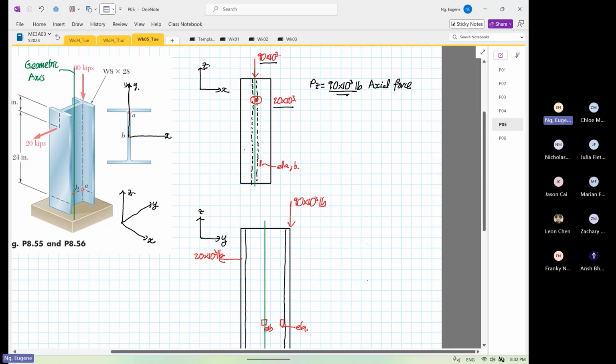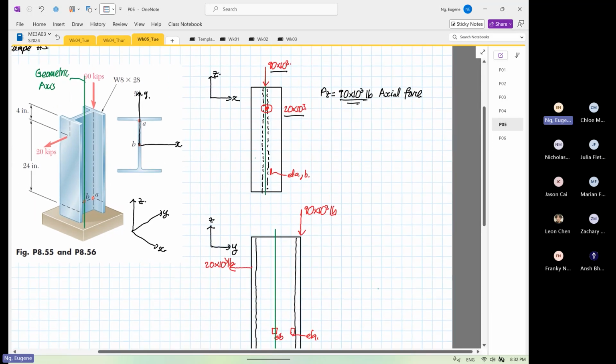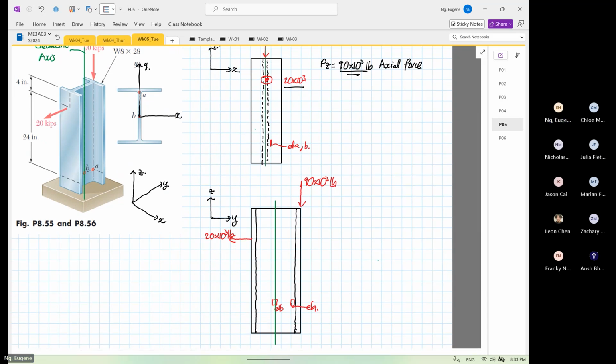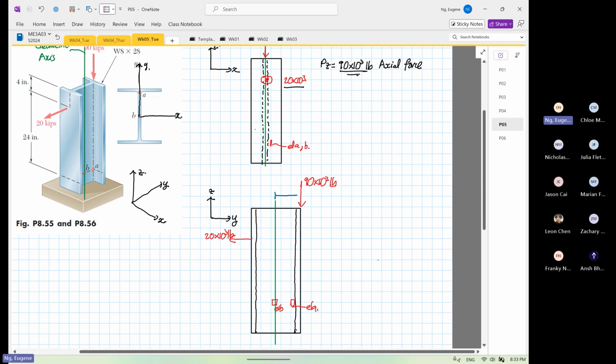So what's so interesting about this? Let's look at the 90. The 90 is parallel to the geometric axis. So the perpendicular distance is up to the geometric axis.